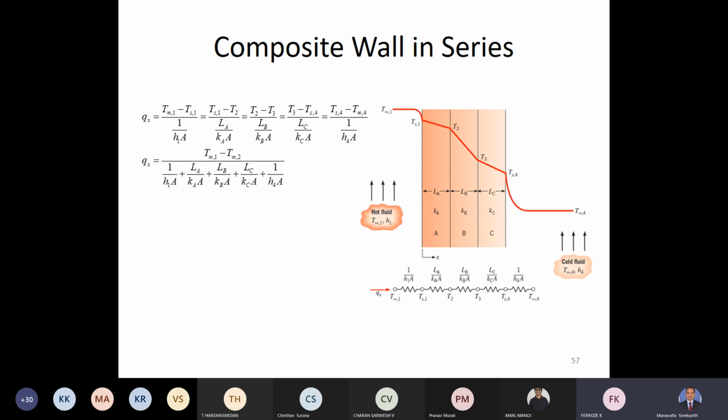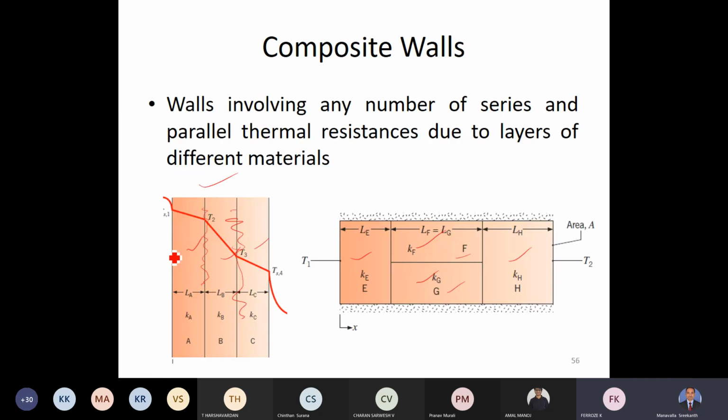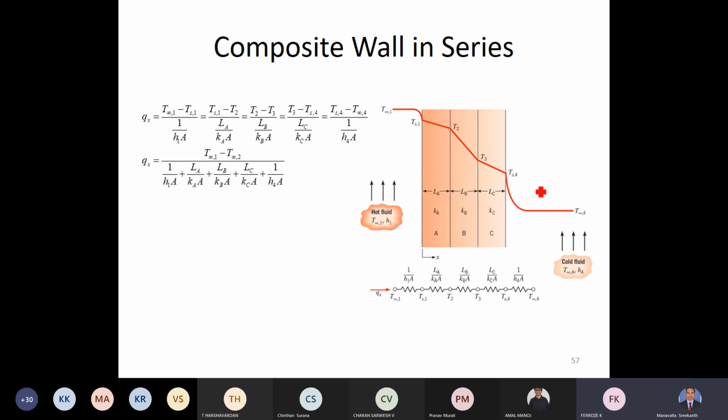Similarly, in the case of the same slab, if there is a convection environment on either side, we will have this kind of situation. Here we have totally 5 resistances: 3 conduction resistances belonging to the 3 slabs, a convection resistance on the left, and a convection resistance on the right.